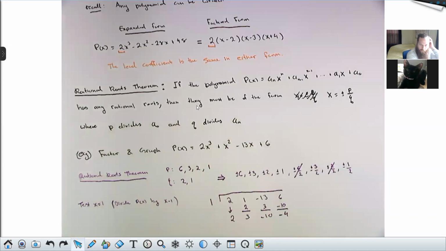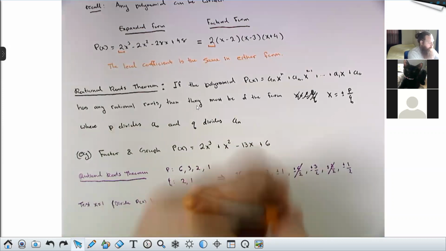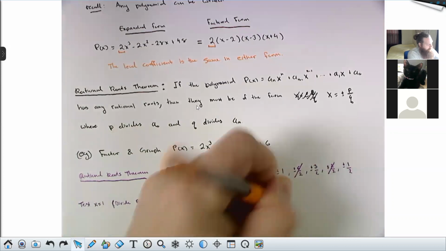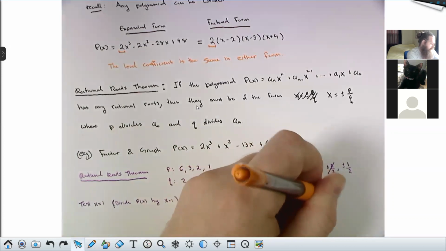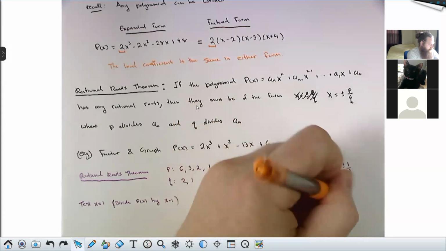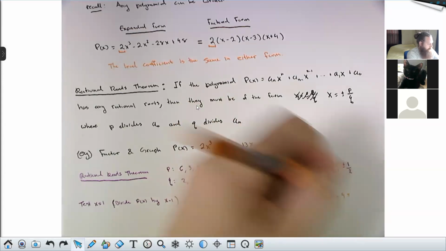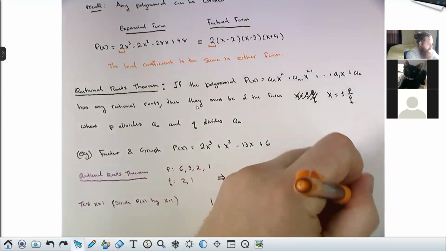So is 1 a root? No. Good, yeah, no, it's not. So remember, by your remainder theorem, this remainder, negative 4, is equal to p of 1.